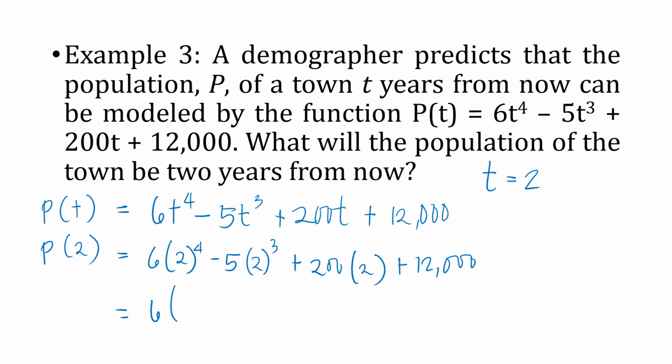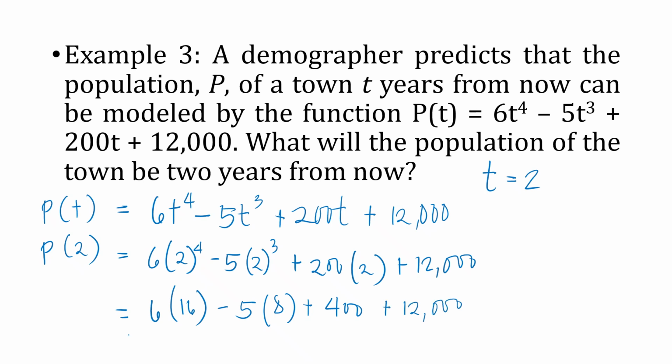Then we have 6, 2 raised to the power of 4, that is 16, because 2 raised to the power of 4 means 2 times 2 times 2 times 2, and that is 16. Then negative 5, 2 cubed, that is 8, plus 200 times 2, that is 400, plus 12,000.